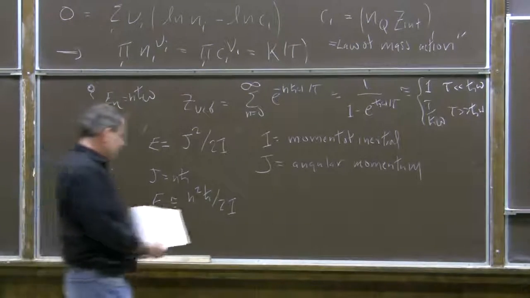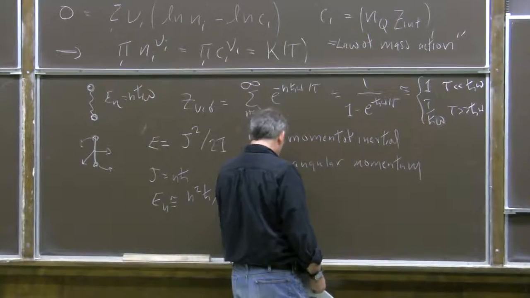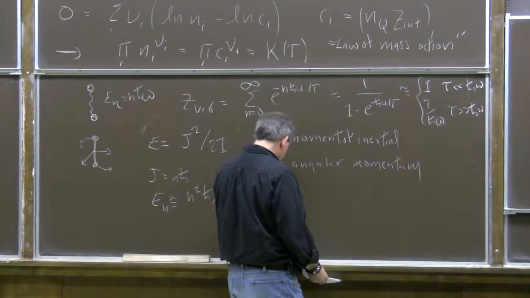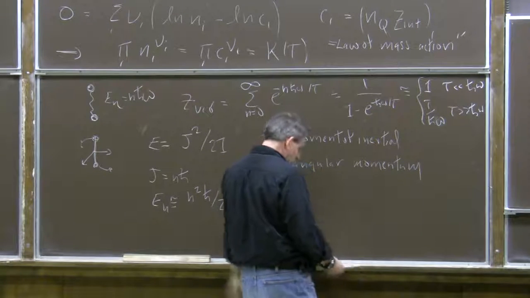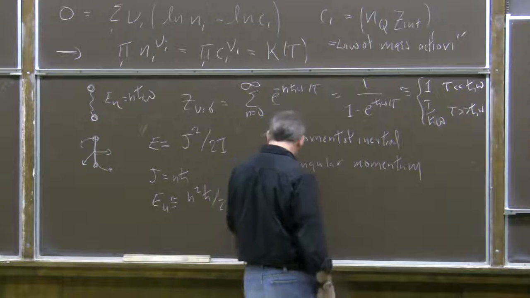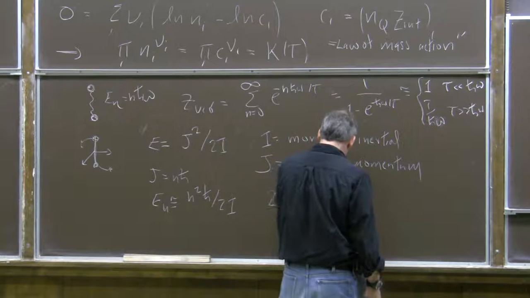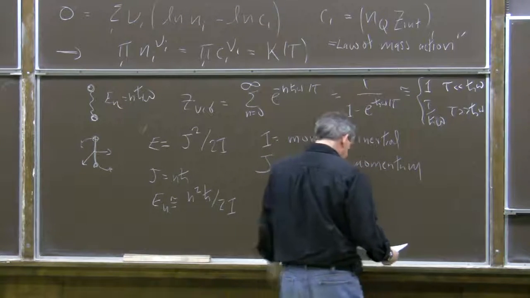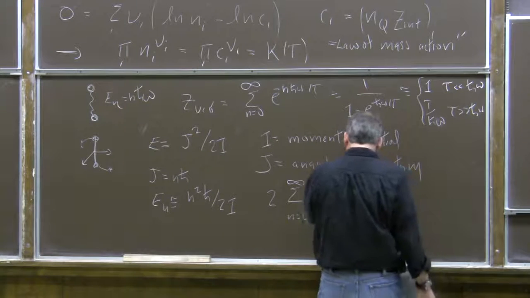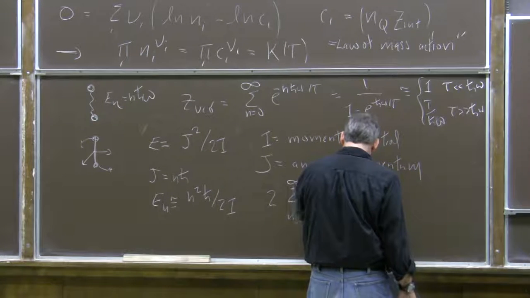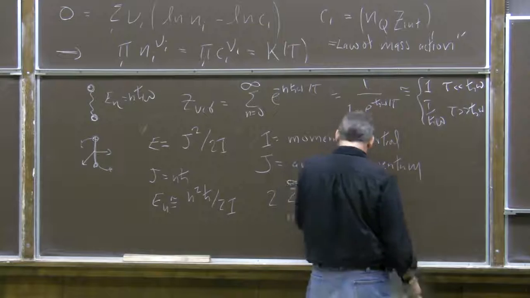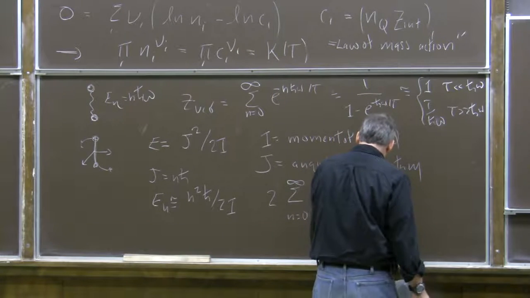So we would get something like 2, because there are 2 rotational degrees of freedom, times the sum over the quantized angular momentum quantum number of the exponential of minus h bar squared over 2I tau times n squared.